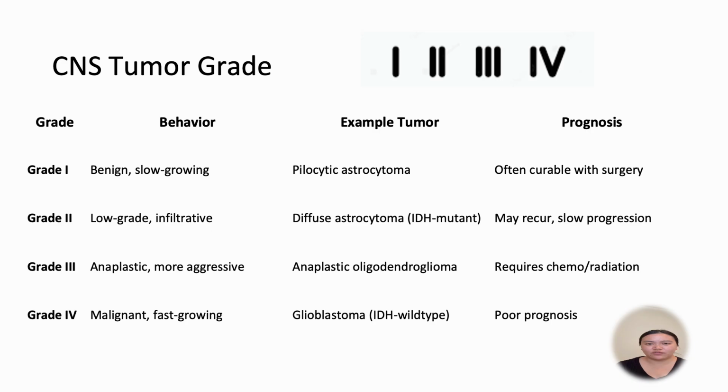And a grade 4 is a high-grade, aggressive tumor. Often it's malignant. An example of this type of high-grade tumor is a glioblastoma. Glioblastomas arise from the astrocyte cells, and with a diagnosis of a glioblastoma, patients often have only months to live.